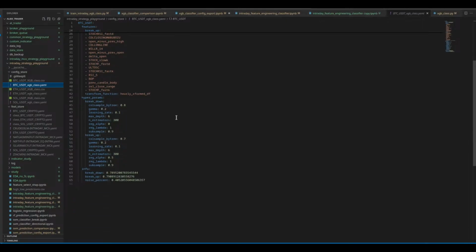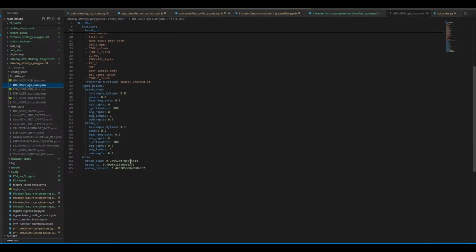So the accuracy is now somewhere around 80%. We can see over here, right? It's 78% accurate while predicting the breakdown, and 79% accurate while predicting the breakup.